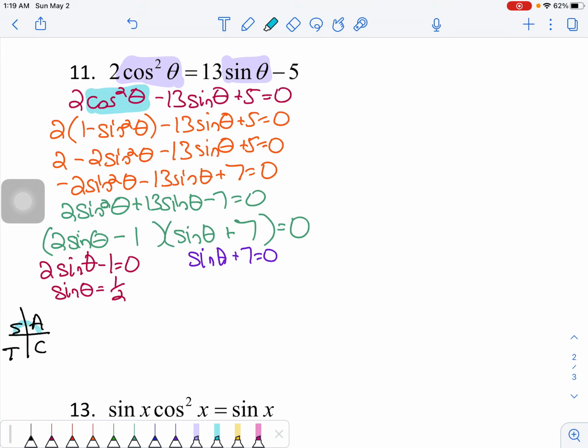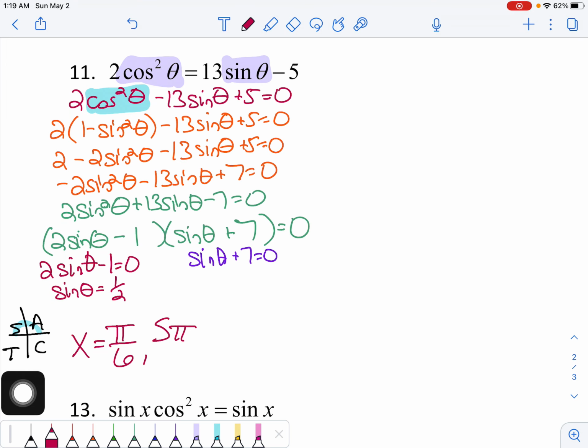Well, sine's going to be positive in first and second quadrants. So first quadrant, I'm just going to go ahead and use the reference angle. So sine is 1/2 when theta is pi over 6. And then I want to also get the angle in the second quadrant that has a reference of pi over 6. So that's 5 pi over 6.